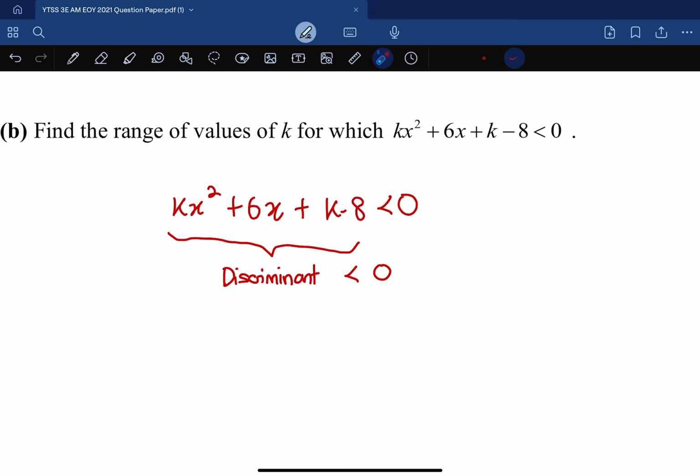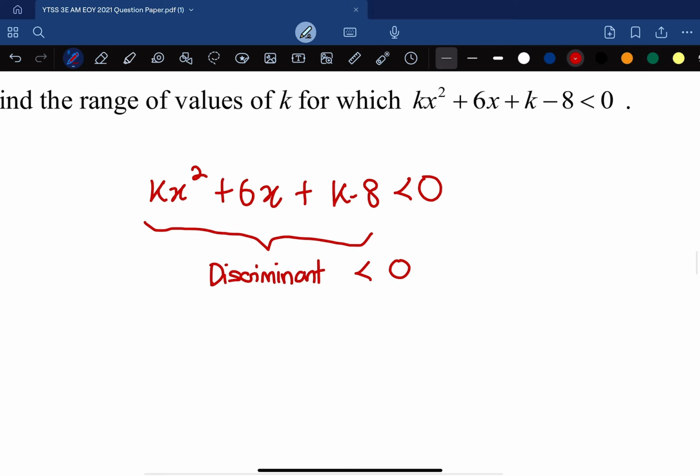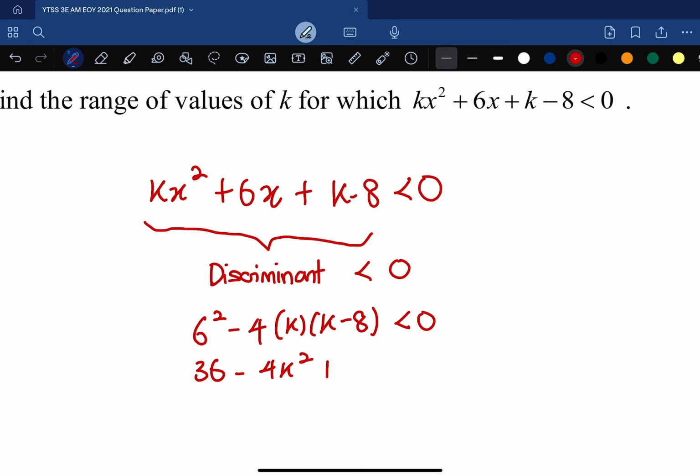So therefore, if I analyze the discriminant, it's simply 6 squared minus 4k times (k minus 8) is less than 0. I'll get 36 minus 4k squared plus 32k less than 0.